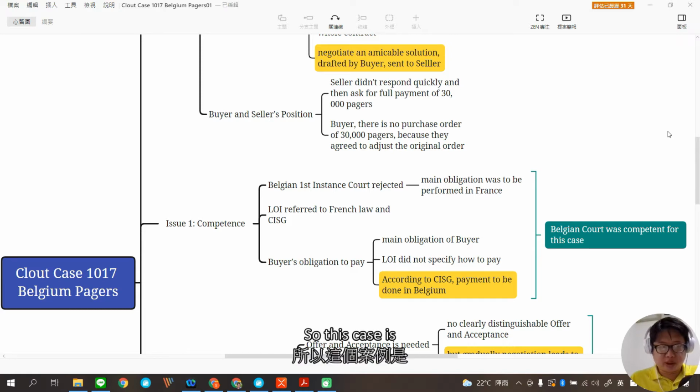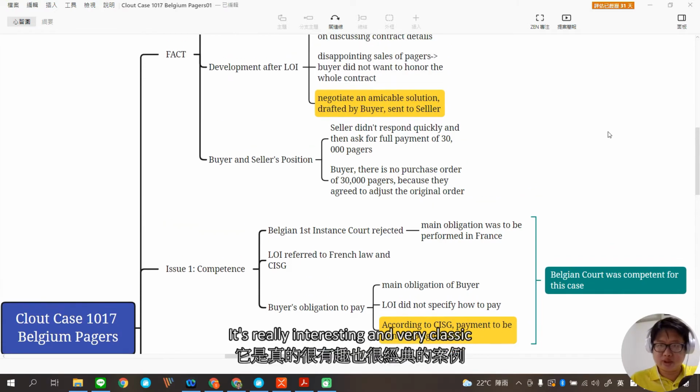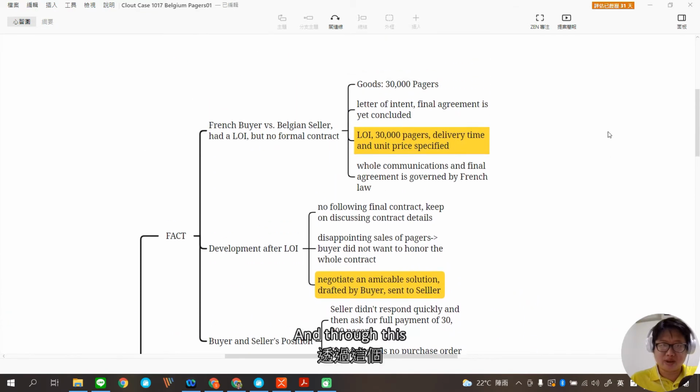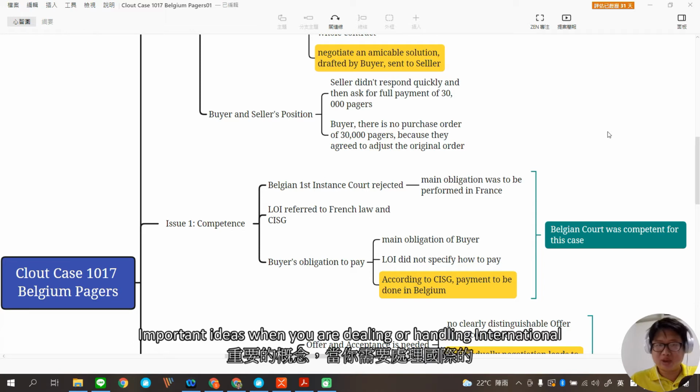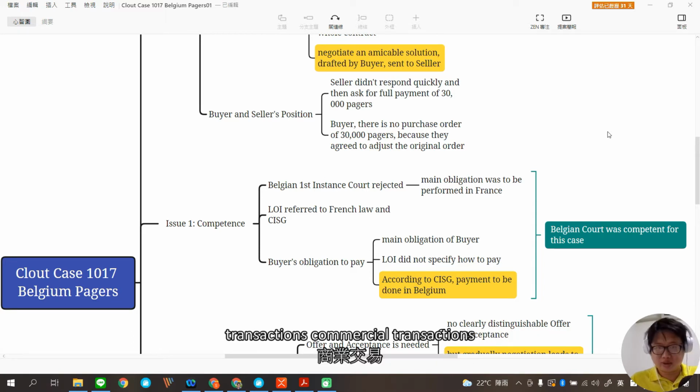This case is the CLOUT case 1017, the Belgian pages. It's really interesting and very classic. Through this case, we can learn some important ideas when you are handling international commercial transactions.